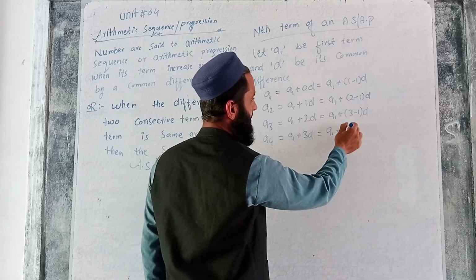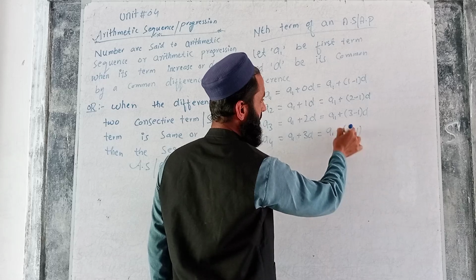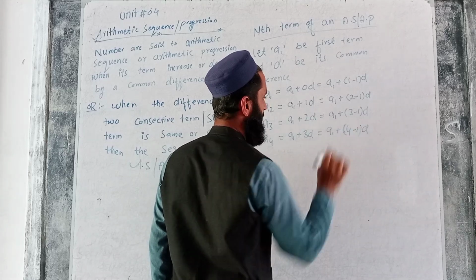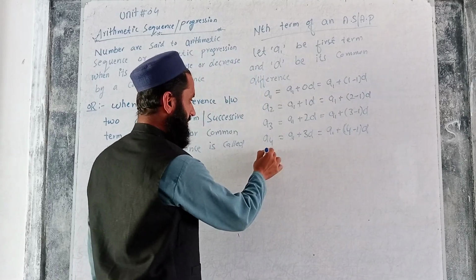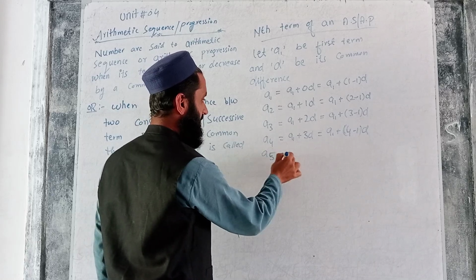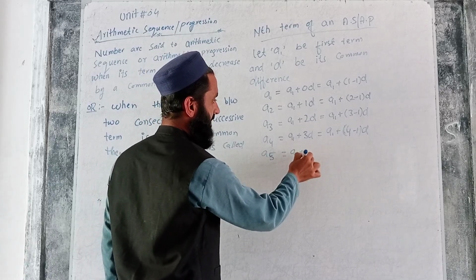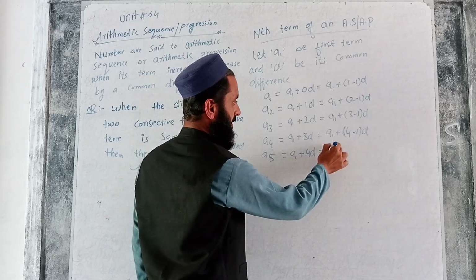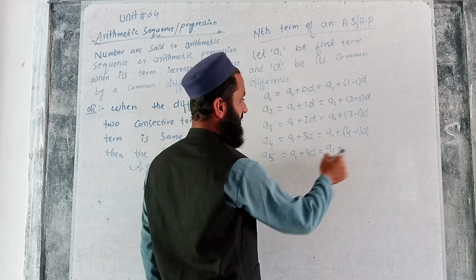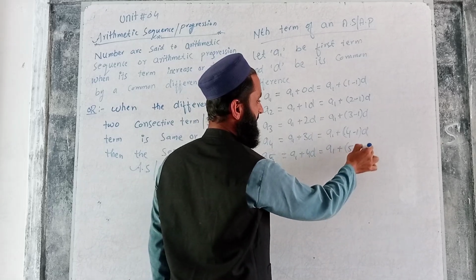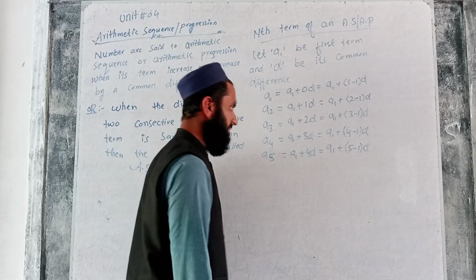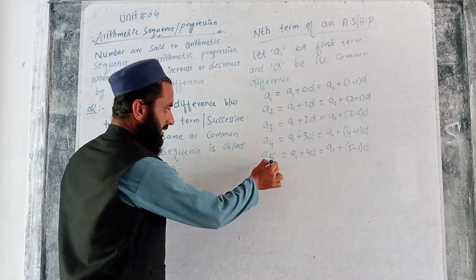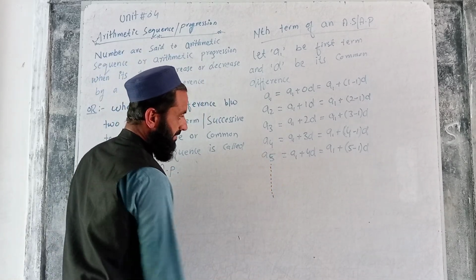We can write it in the form of 4 minus 1 into D. Similarly, A5 is equal to A1 plus 4D, which is equal to A1 plus 4. We can write it in the form of 5 minus 1 into D. And so on.